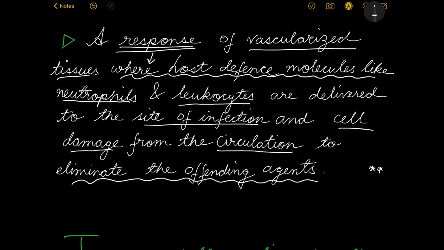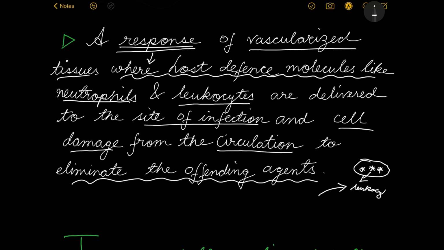Suppose this is a bacteria, and it has infected our bloodstream. Our body would like to respond to this threat and eliminate it. To do that, our body would go through some processes which would recruit our body's host defense mechanisms, which include the leukocytes.